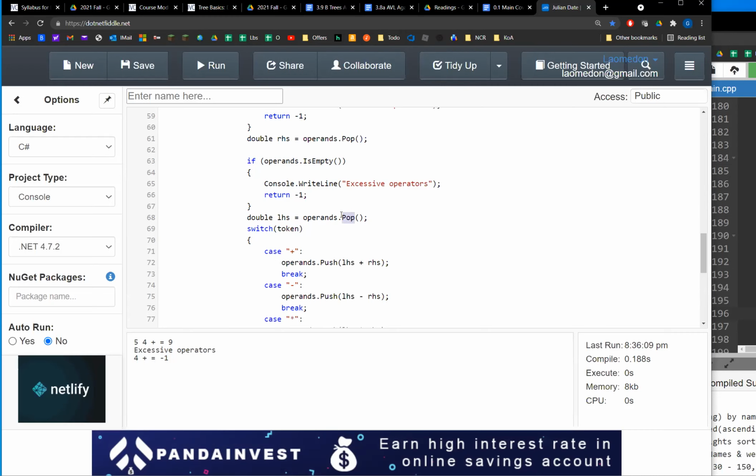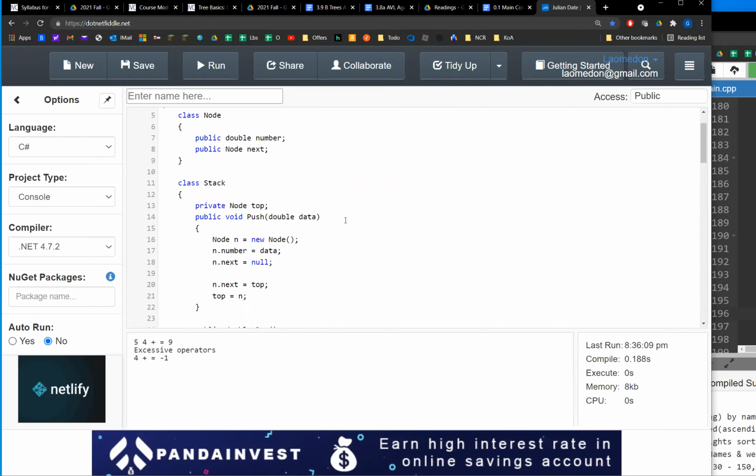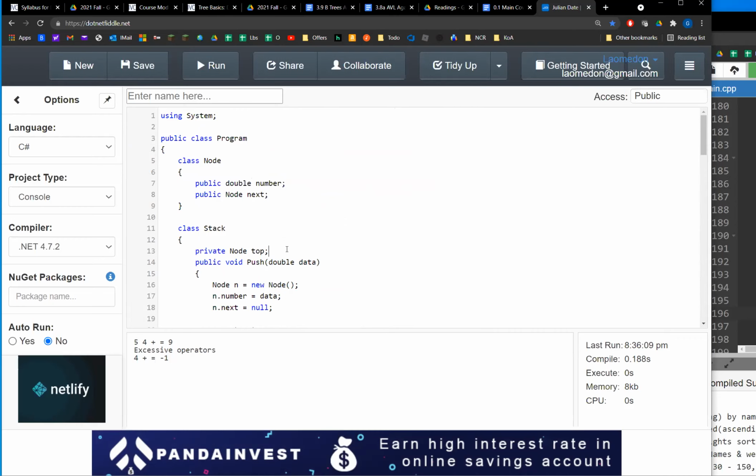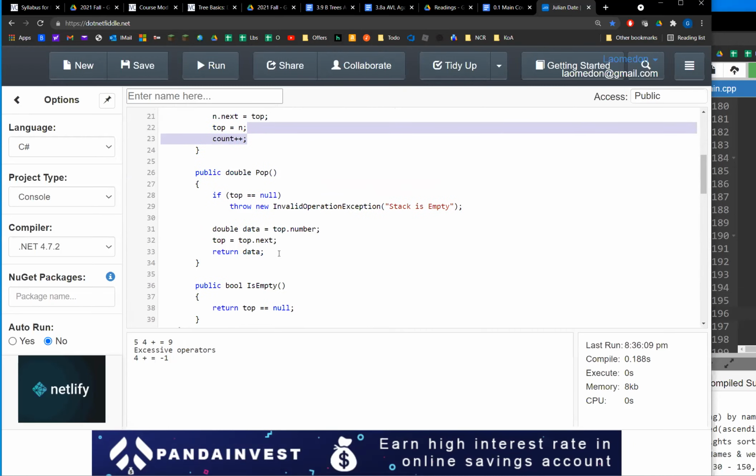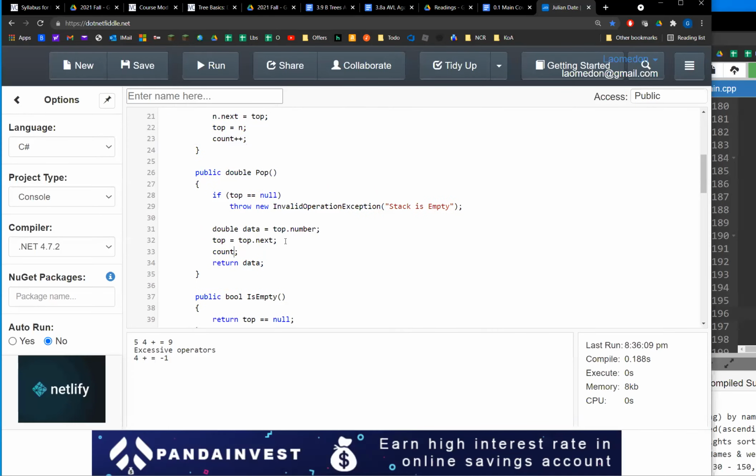So if we keep track of the count, our calculator can get more intelligent, because our calculator knows that it needs 2 values to do its job.